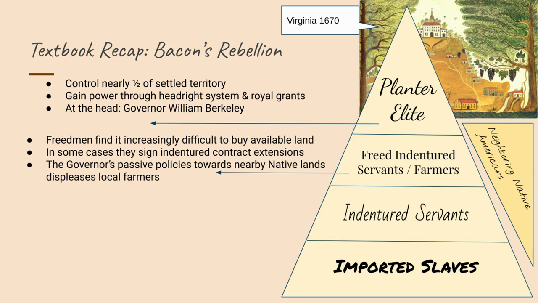Now, finally, there's a lot of tension surrounding the fact that the governor's passive policies towards nearby native lands really leads to displeasure among the local farmers, okay? So here's our kind of pyramid. These are some of the key points that we want to keep in the back of our minds as we start to look at Bacon's Rebellion.